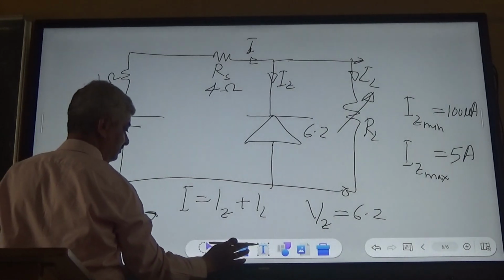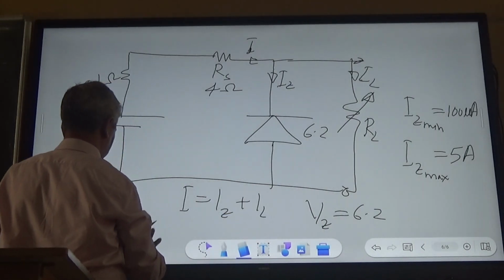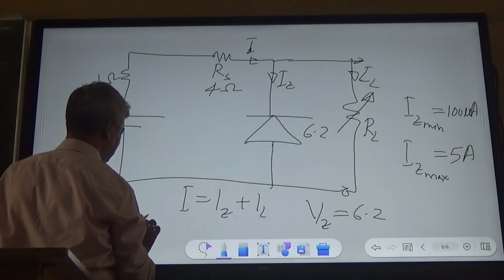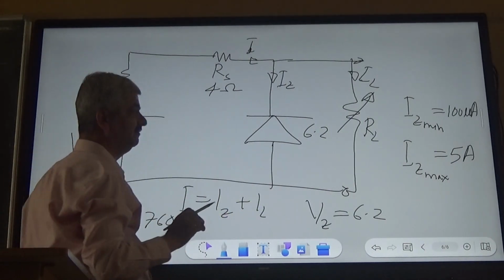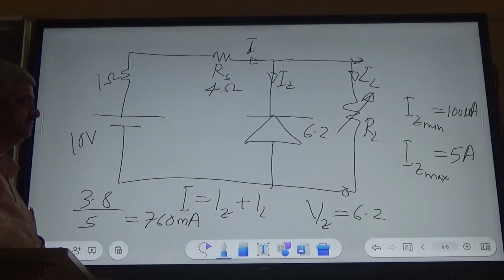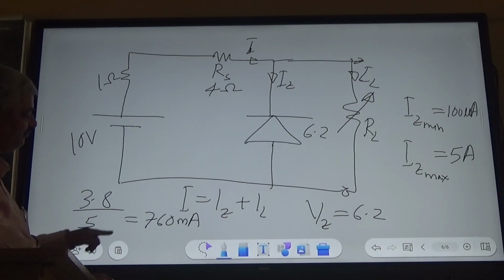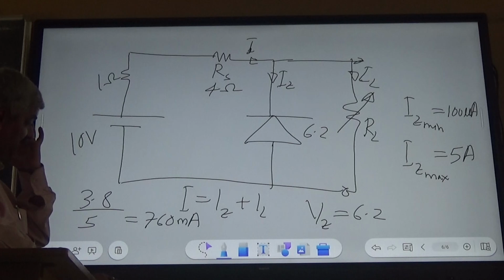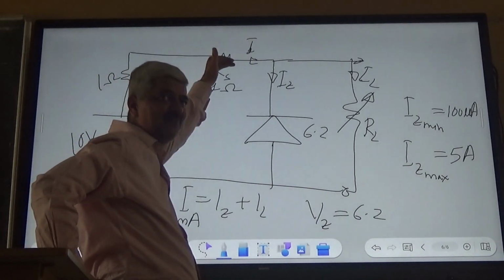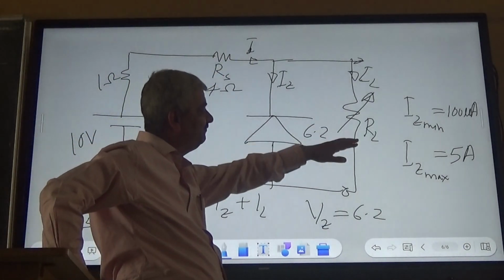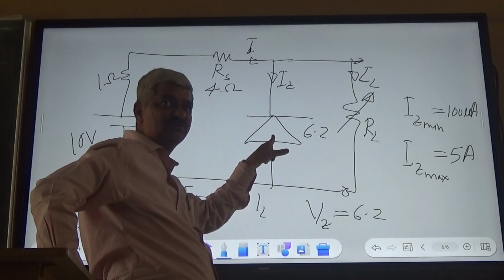0.76, or 760 milliamperes, right? So when this 760 milliamperes is the total current, 760 milliamperes will always flow if this voltage is 6.2 volts.